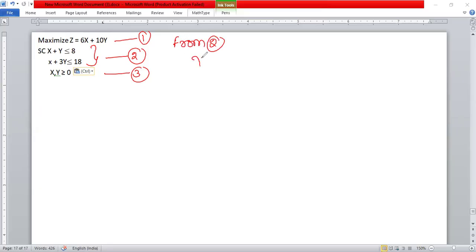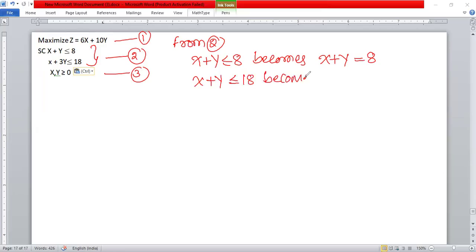From 2, x plus y less than or equal to 8 becomes x plus y is equal to 8. And x plus 3y less than or equal to 18 becomes x plus 3y is equal to 18.